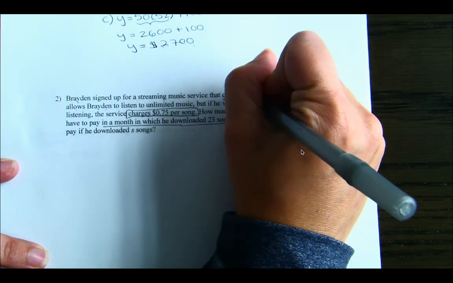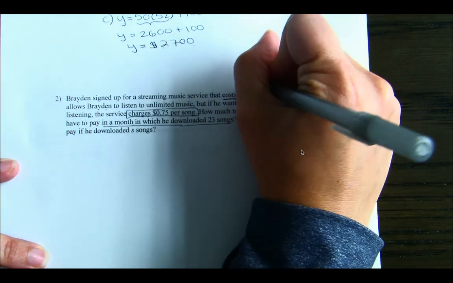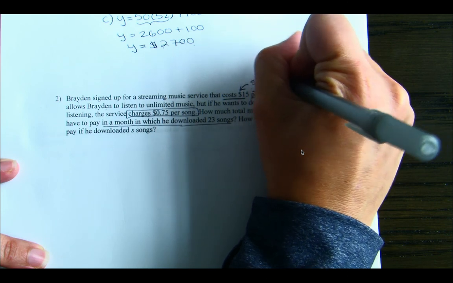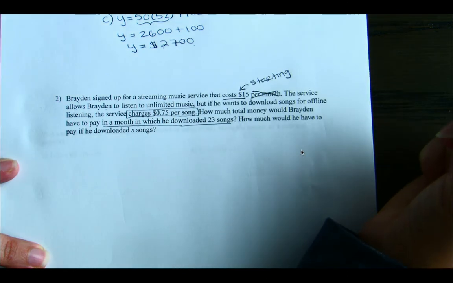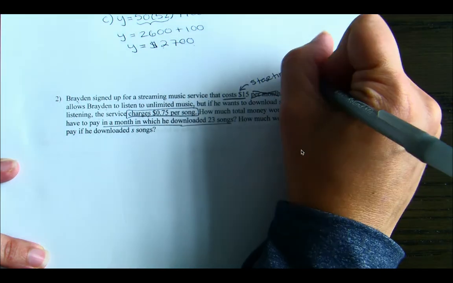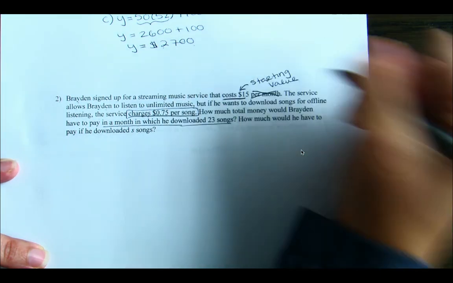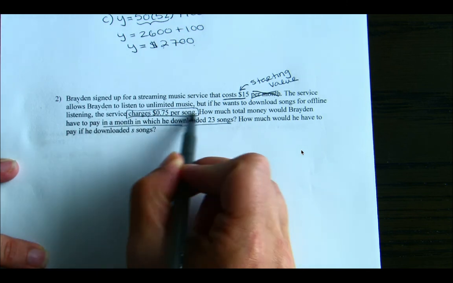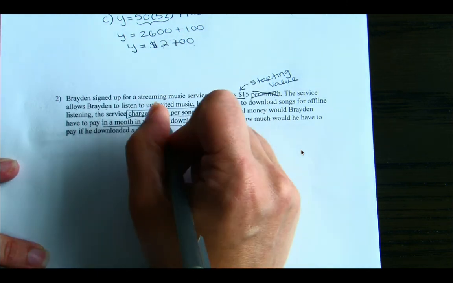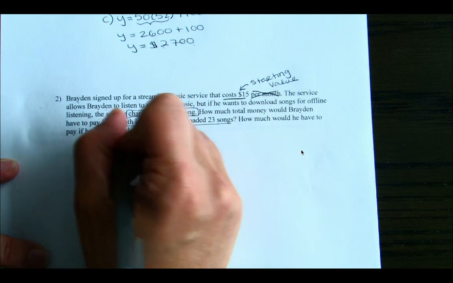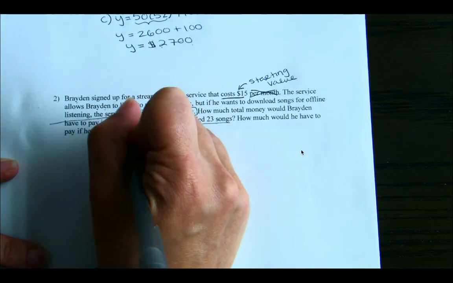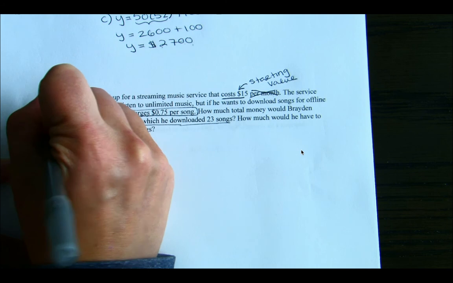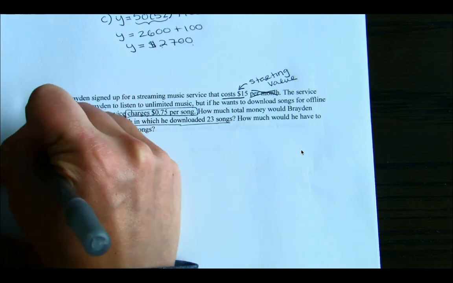So costs $15. That's how much it is per month, or that's how much I'm starting with when I'm paying for something per month. So that's my starting value. This says we're talking about downloaded songs. So there is 75 cents per song. Those charges are going to be my slope or my rate of change.